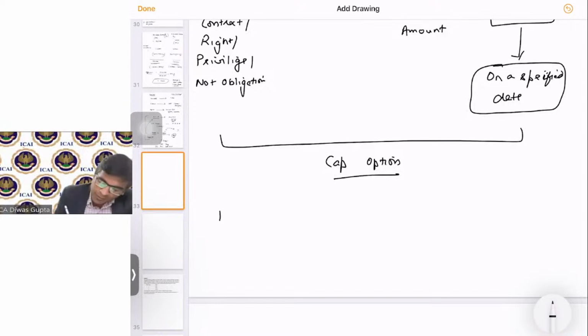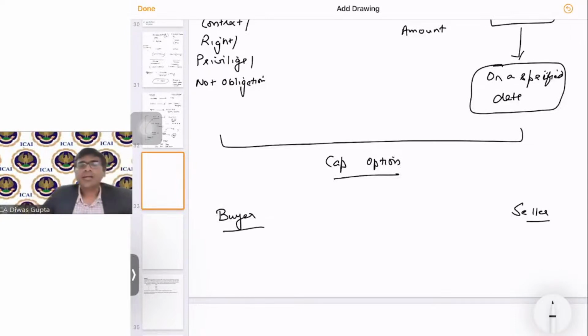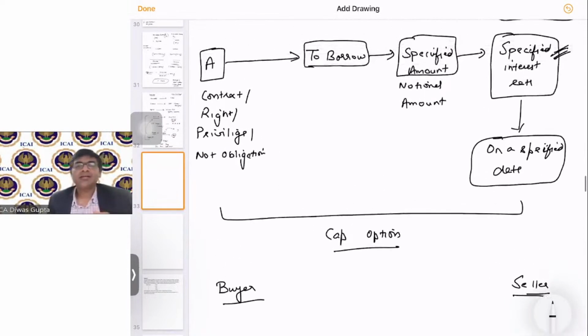So the cap option would also have a buyer and a seller. Generally, the seller would be a bank, correct? It would depend. The seller will receive the premium, and the buyer will pay the premium, because there is a premium involved.